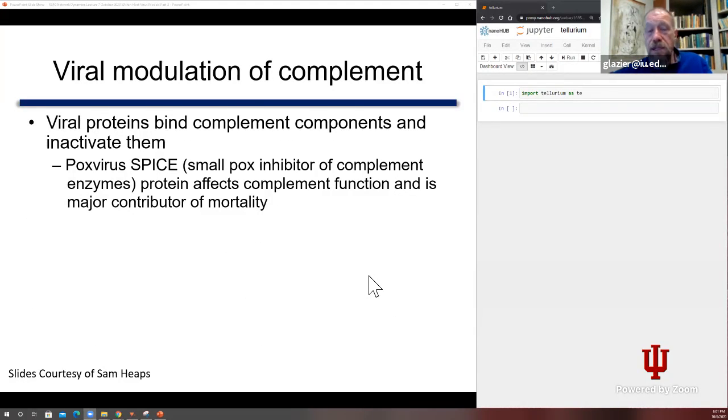Something that Sam's slides talk about, which we didn't talk about a lot last time, is that viruses have evolved, not in the case of COVID because it's not co-evolved with humans, but viruses like influenza that have humans as a primary host have co-evolved with our immune systems.